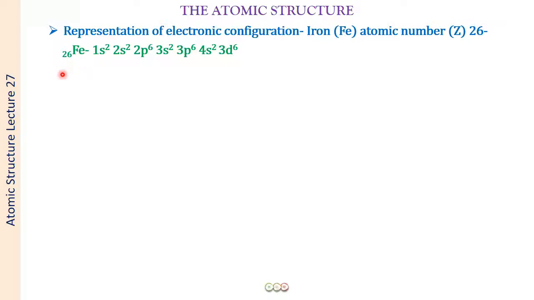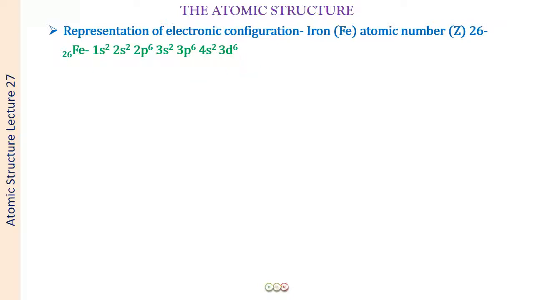Filling according to the Aufbau principle, we have 1s2, 2s2, 2p6, and we have filled up to 10. Then we go to 3s2, 3p6, filling up 18, and then 4s2. Because 4s has less energy than 3d, 4s is filled first, and then the remaining 6 electrons go into the d orbitals.